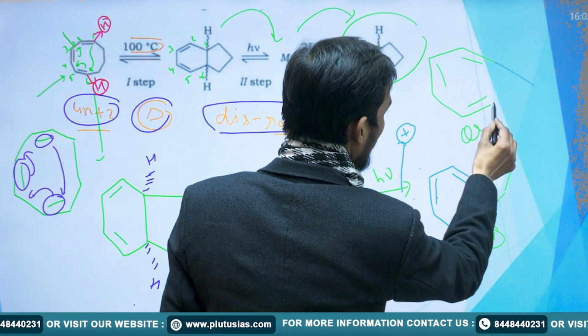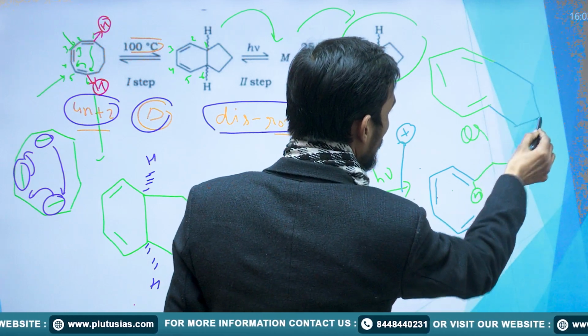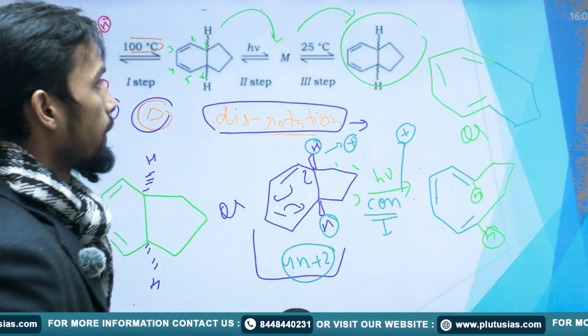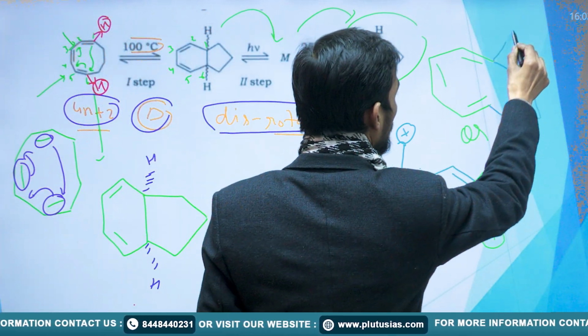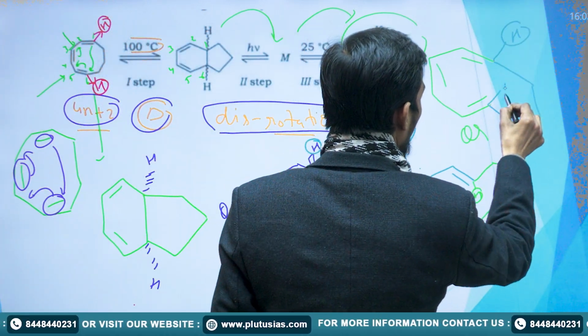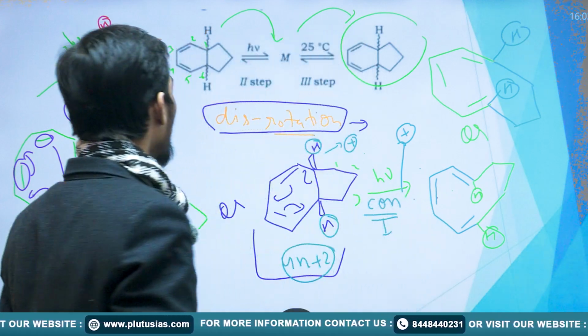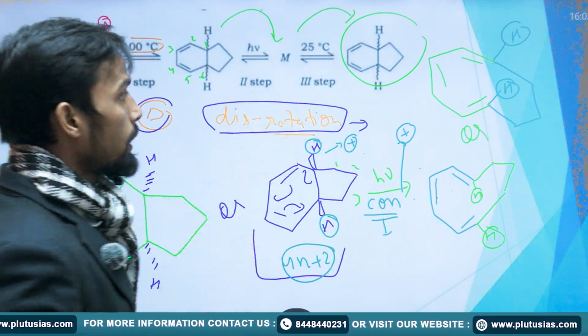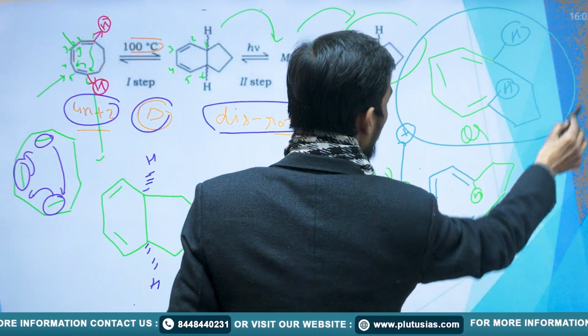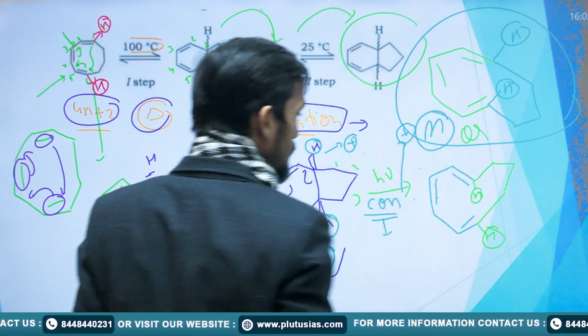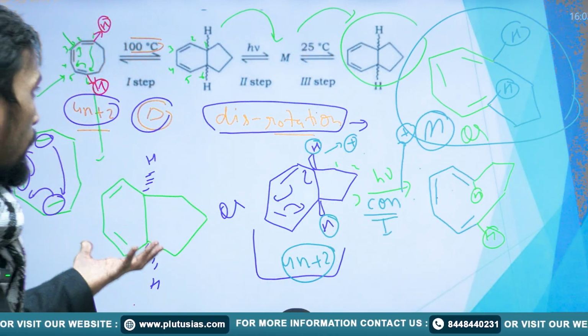If we are getting in the lower direction, then also we can have this line like this. If one hydrogen is above side, another hydrogen will also be in the above side. So this is the structure of M. This is our M which we are going to get over here.